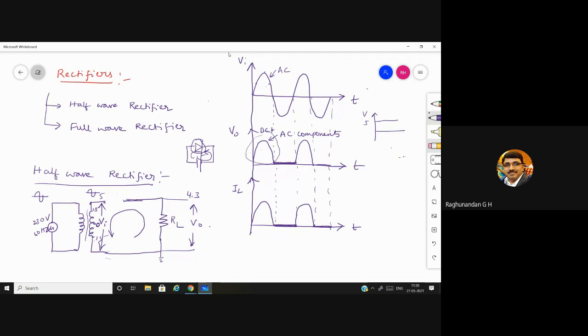Okay, the presence of AC signal in DC output is known as ripple. The presence of AC component in DC output is known as ripple.